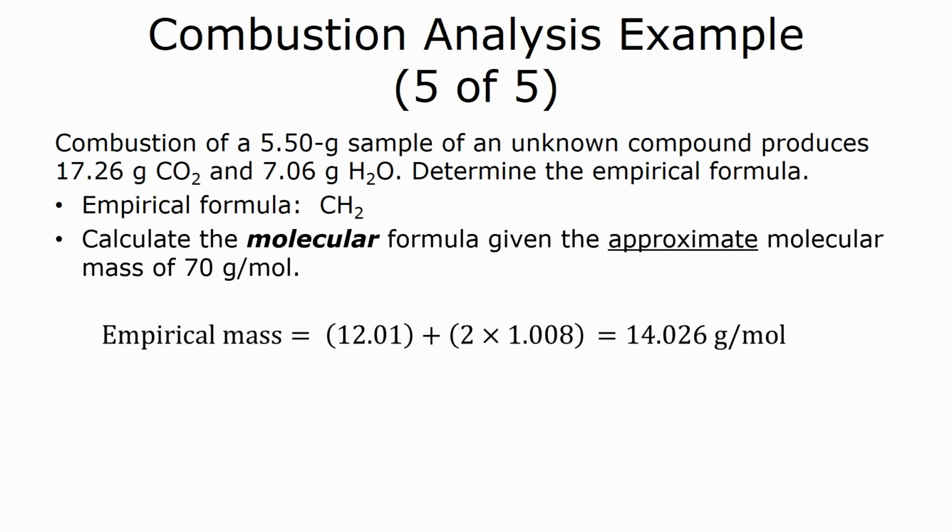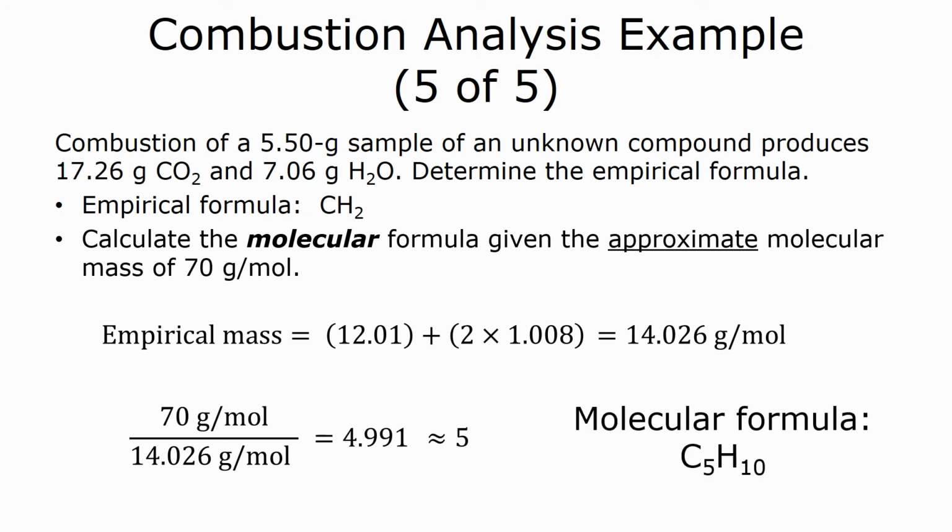But if we take the molecular mass and divide it by the empirical mass, we find that we're off by a factor of about 5, which means that if we just multiply the subscript in our empirical formula by 5, we have a molecular formula of C5H10. So this is an example of calculating the empirical formula from the combustion analysis of a compound that does not contain oxygen.